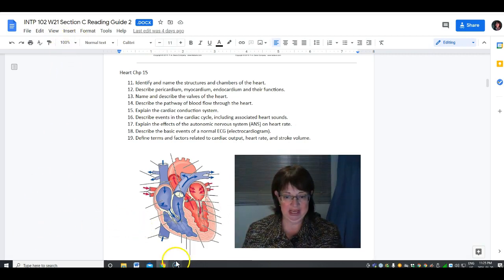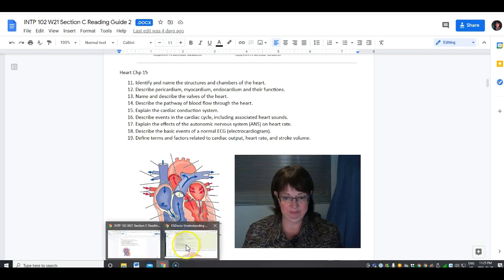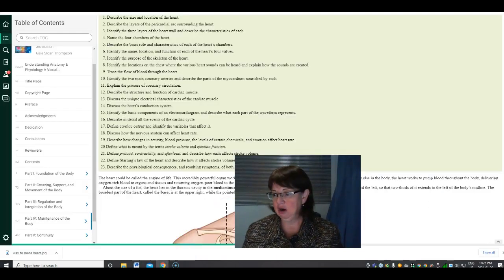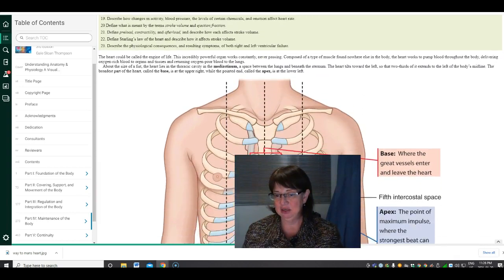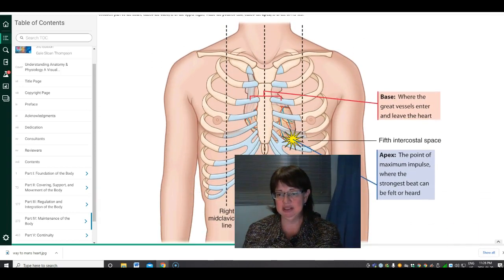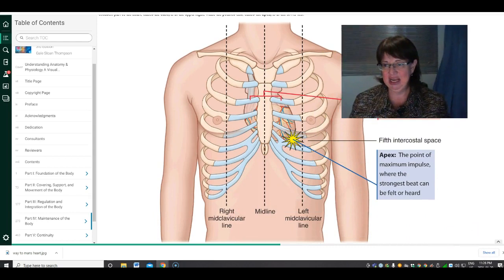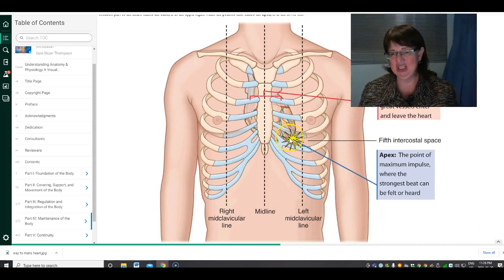So when we look at where the heart is located, usually you use the nipples as an indicator or marking, and it's just before it, or it's seen between the 4th and 5th intercostal space. The heart is a little off to the left side.